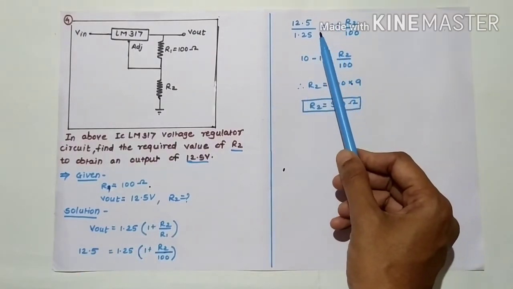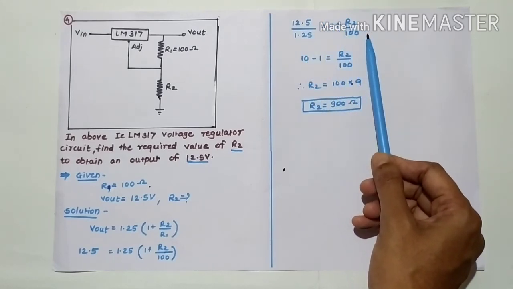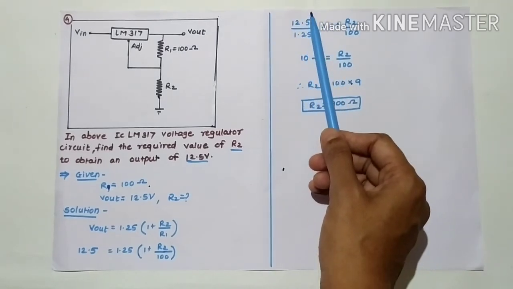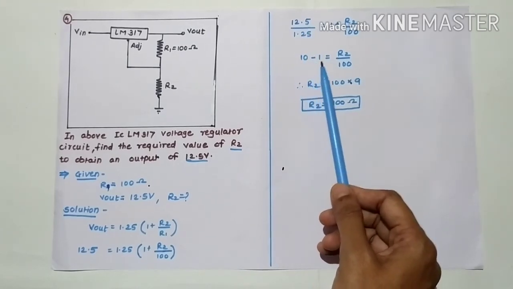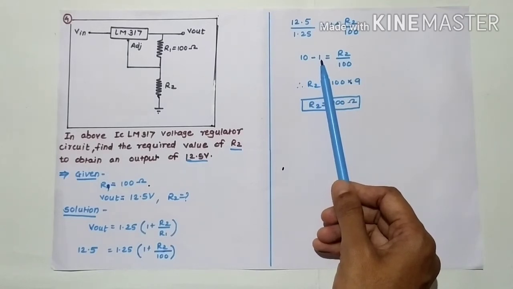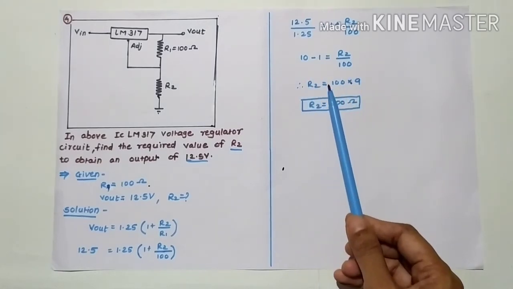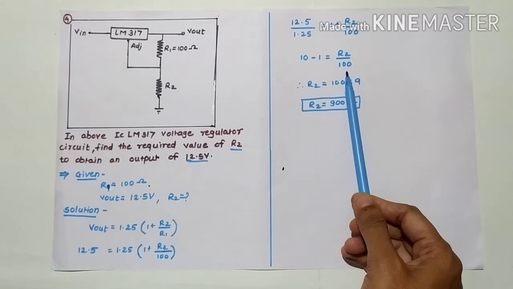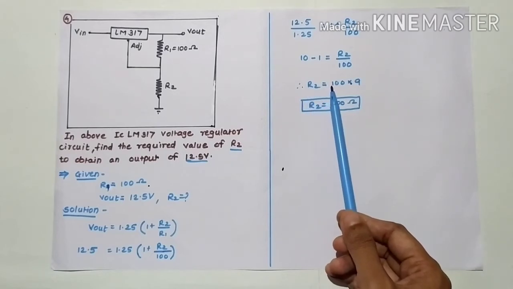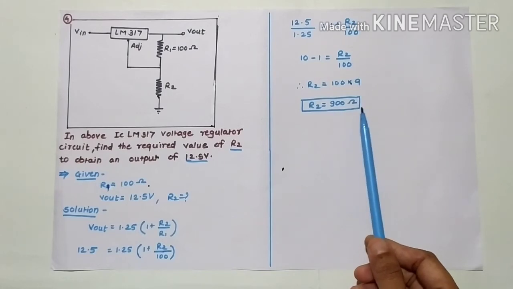So 12.5 upon 1.25 equals 1 plus R2 upon 100. This gives 10. The 1 is added here, so by transferring it to the left side it will be subtracted, equals R2 upon 100. So 10 minus 1 is equal to 9 and this is R2 upon 100. This 100 is divided here, now it will be multiplied. Therefore R2 is equal to 100 multiplied by 9. Therefore the value of R2 is equal to 900 ohm.